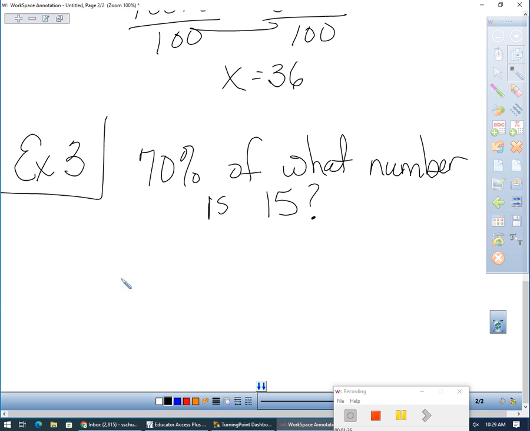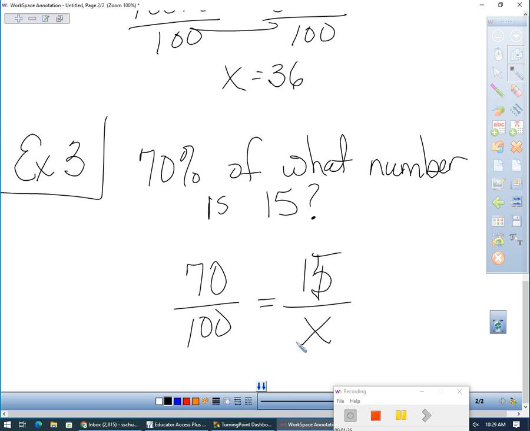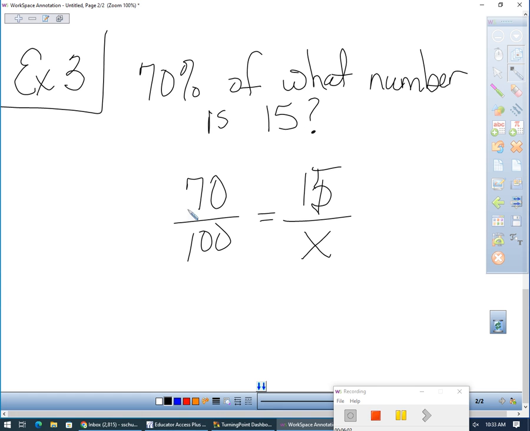Do I have a percent? 70%. So 70 over 100 equals is. Do I have is this time? Which is? All right. Do I have of this time? Of what? So that's where our variable goes, right? Okay, so let's go ahead and cross multiply.